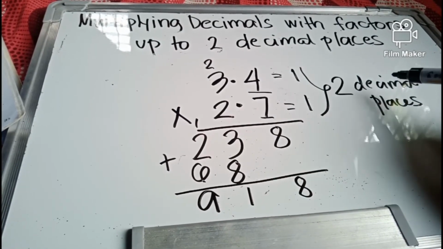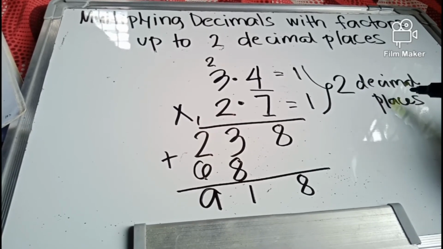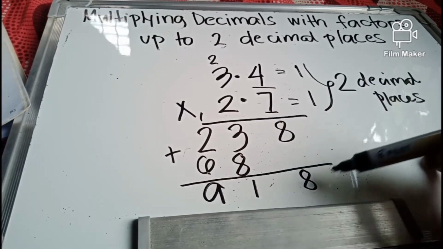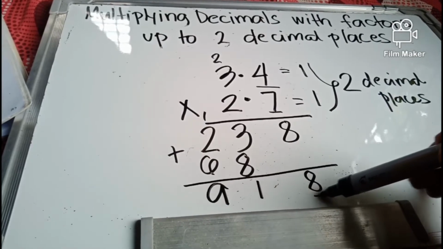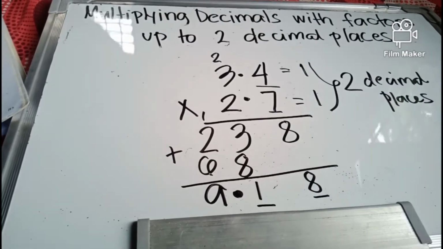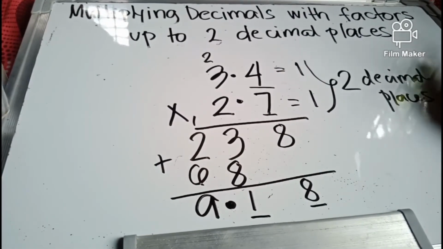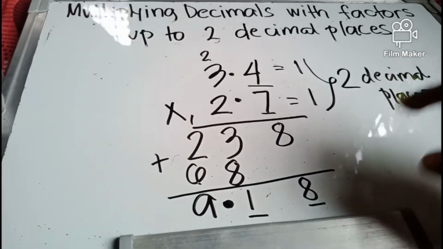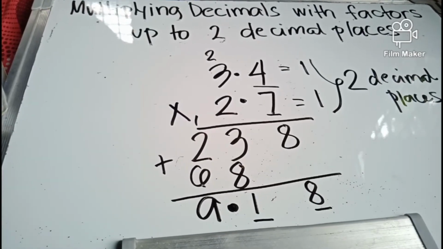Since we have 2 decimal places sa ating factors, mayroon din tayong 2 decimal places sa ating product. So, we will count mula dito sa ating right 1, 2, and then affix our decimal point. Yan lamang ang ating tatandaan. Ang number of decimal places sa ating factors, yun din ang number of decimal places sa ating product.